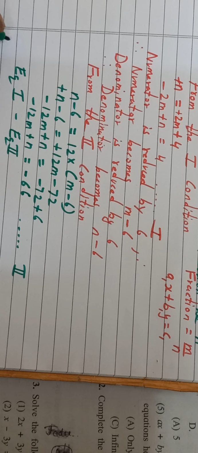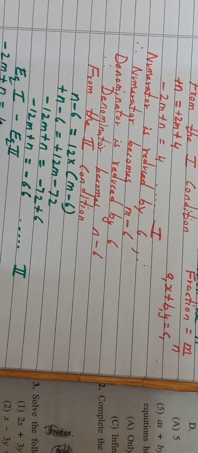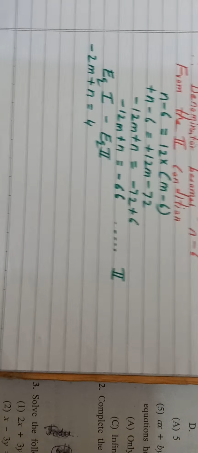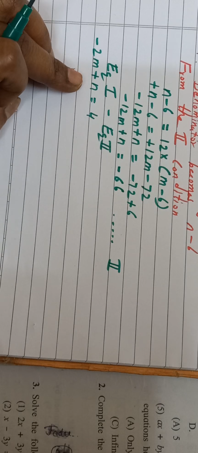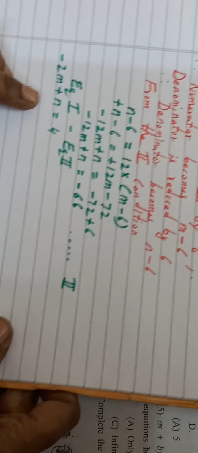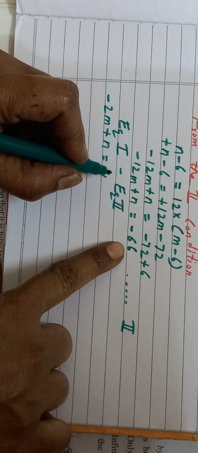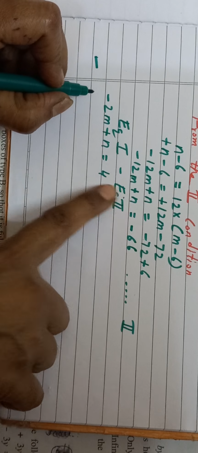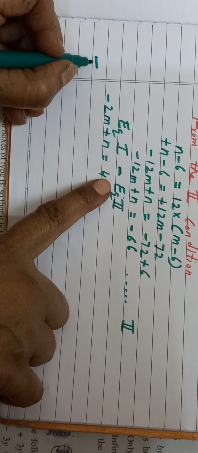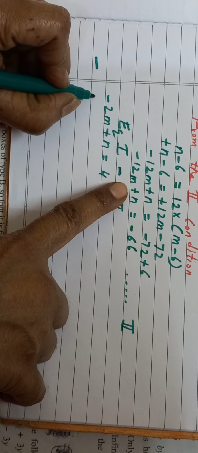So you will get minus 2m plus n is equal to 4. This is the first equation, which I have copied, and second is this one. Now minus is there, so I'll put minus here.